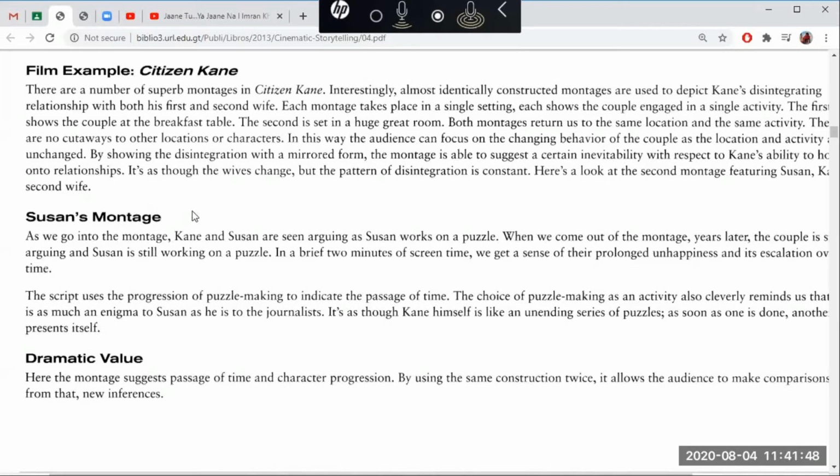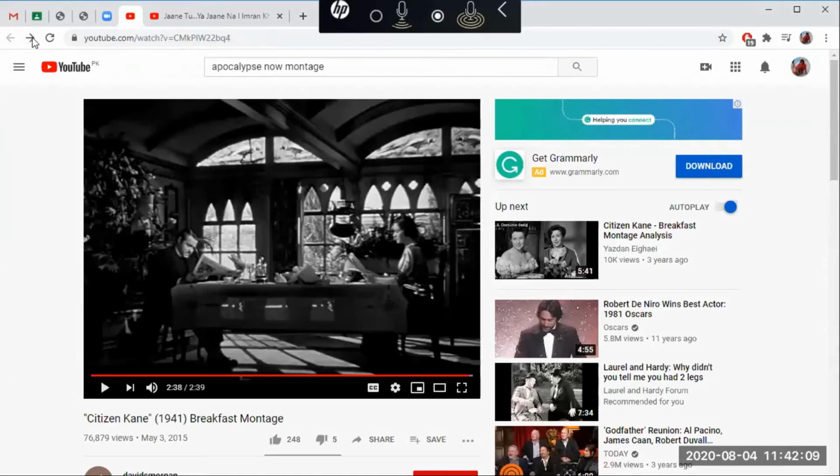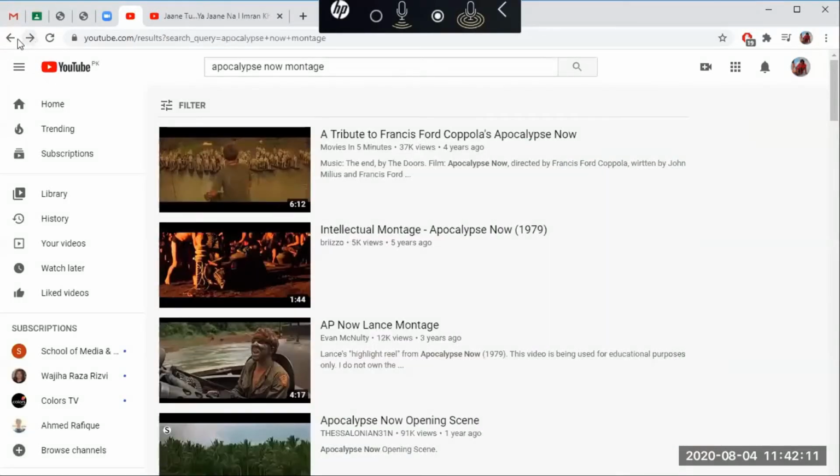You may have worked on puzzles yourself, whereby people use puzzles or play with puzzles or solve puzzles. Okay, so it says in Susan montage, you would see Susan working on a puzzle. And the montage probably is there for some time.